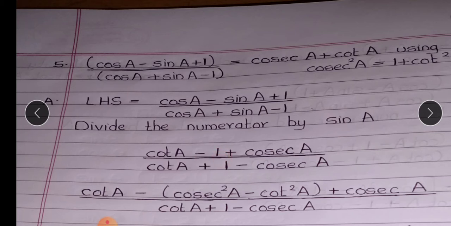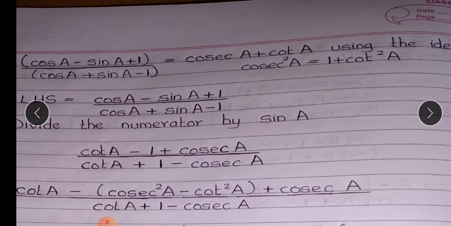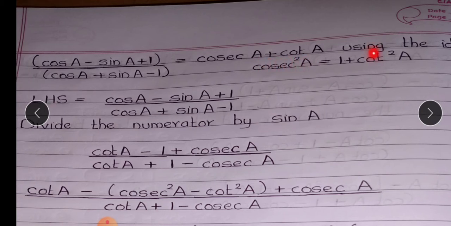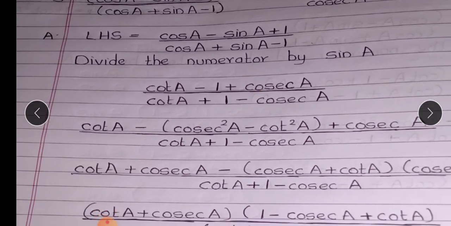Yes, you can see 1 in the numerator. Instead of 1, we will be substituting this identity. Which identity? Cosec square is equal to 1 plus cot square A. So what is 1? Cosec square A minus cot square A. This is what I have substituted here.